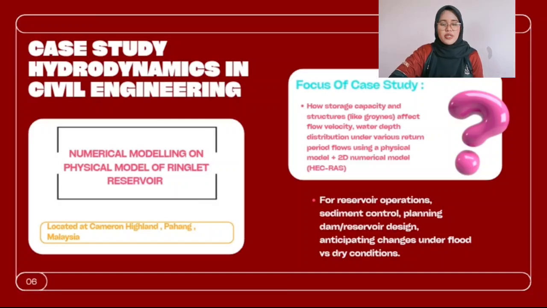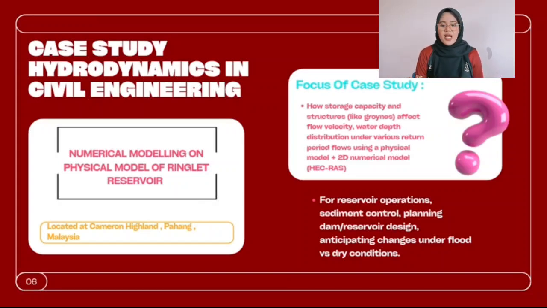The numerical model matched the physical experiment fairly well. Velocity and depth patterns change with flow conditions. Groins help in controlling sediment movement, which matters for reservoir operation, sediment control, and dam reservoir design under flood and dry conditions.